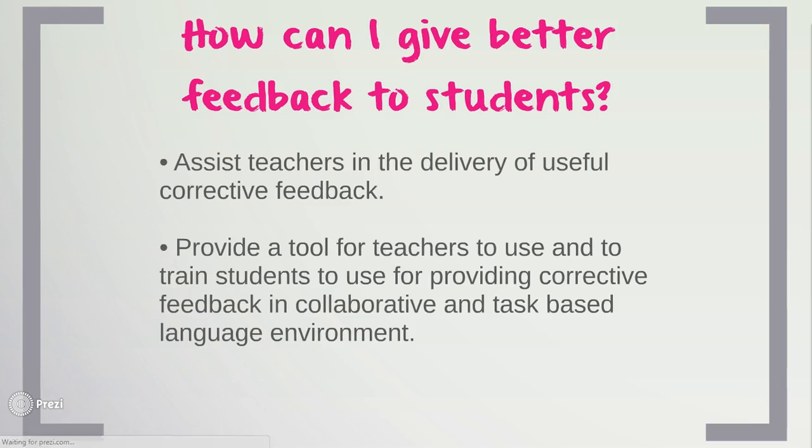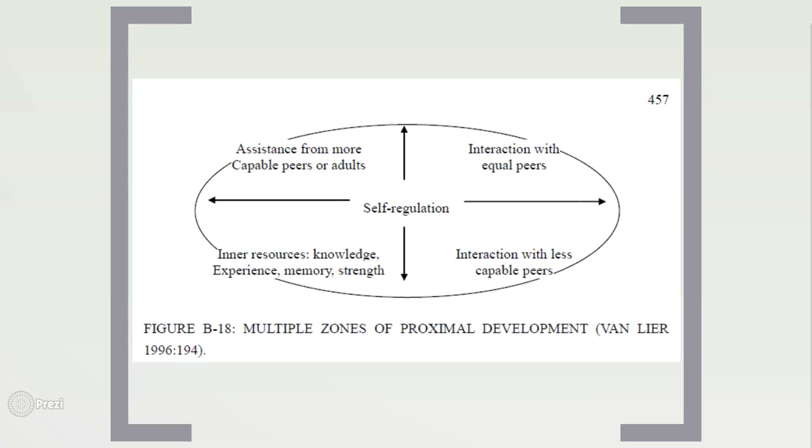These diagrams and the suggested feedback type are differentiated for higher and lower ability language learners, and both are designed for use in collaborative learning environments where students are working on various tasks collaboratively. We'll have a look at these diagrams a little bit later in the presentation.